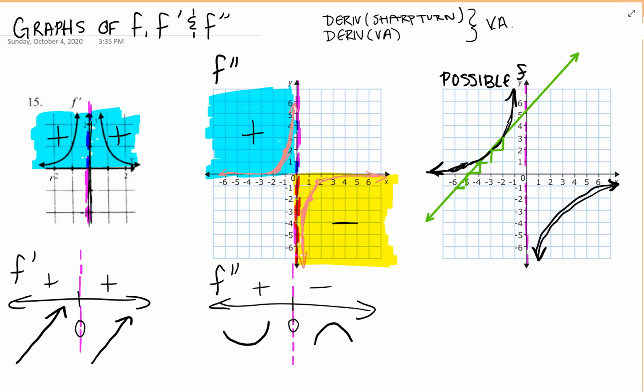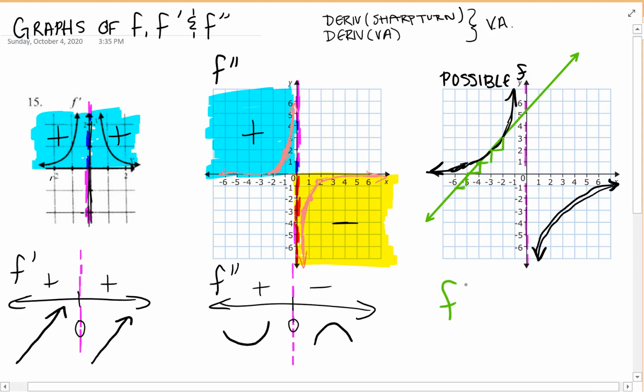My estimate here is that if this graph is f, then f prime, the slope at x equals -3, my guess is that that is 1. Let's check. Is f prime of -3 equal to 1? -3 would be about here. And what is the y value? The y value appears to be 1/5, 1/4.